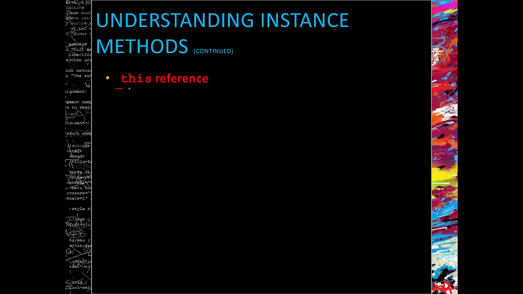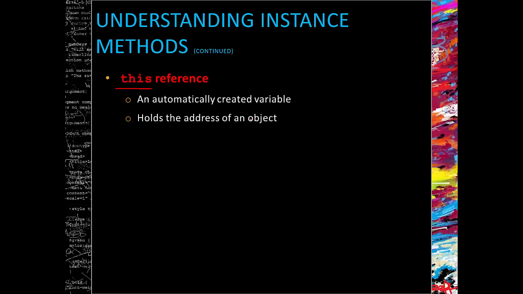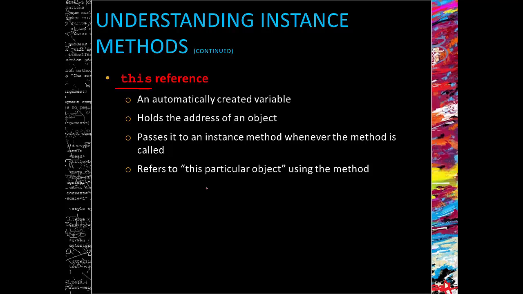This is a keyword, and it refers to a particular object. It's an automatically created variable. It holds the address of the student object in this example. It passes it to an instance method whenever the method is called. It refers to this particular object using the method.